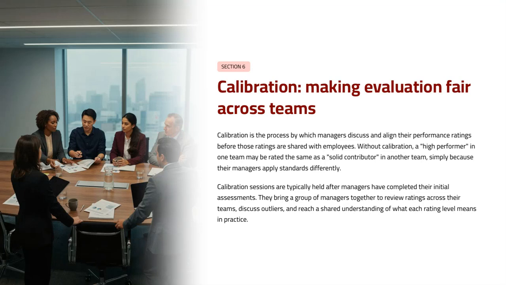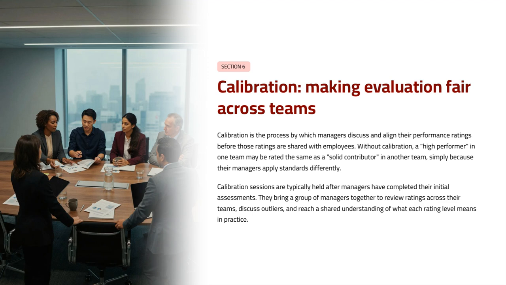Now, let's talk about calibration, which is all about making evaluation fair across teams. Calibration is a process where managers come together to discuss and align their performance ratings before sharing them with employees. Without this, someone considered a high performer in one team might be rated the same as a solid contributor in another, just because managers apply standards differently.